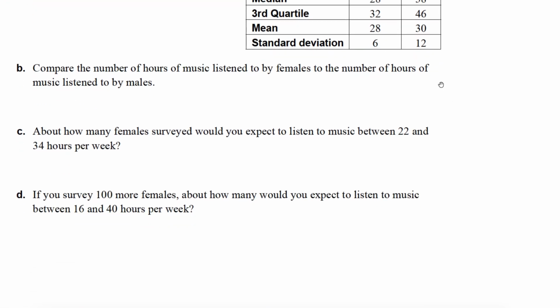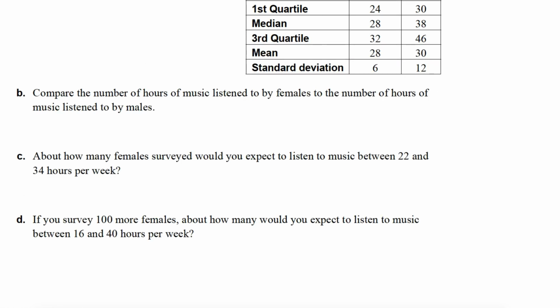D, if surveyed 100 more females, about how many would you expect to listen to music between 16 and 40 hours? 16 and 40 hours, again, let's take the mean, 28. Only this time, let's go 2 standard deviations. And what would 28 plus 12 be? 28 plus 12 would be 40.